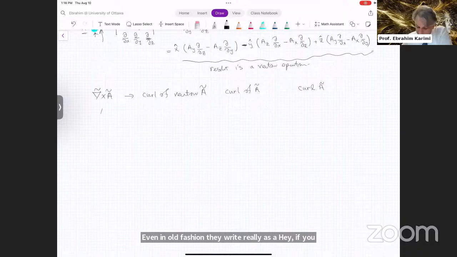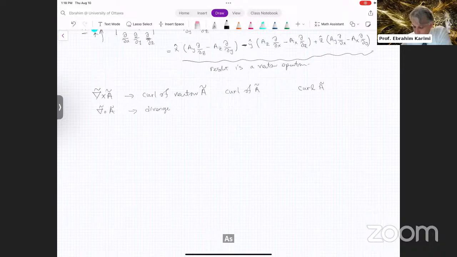And previously, as I said, the divergence of A, you write as divergence of A, or div of A. In some books, you will see it this way.